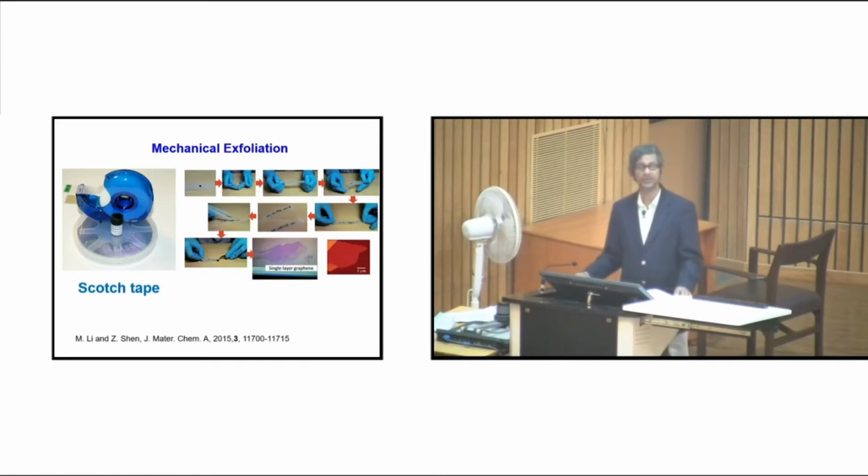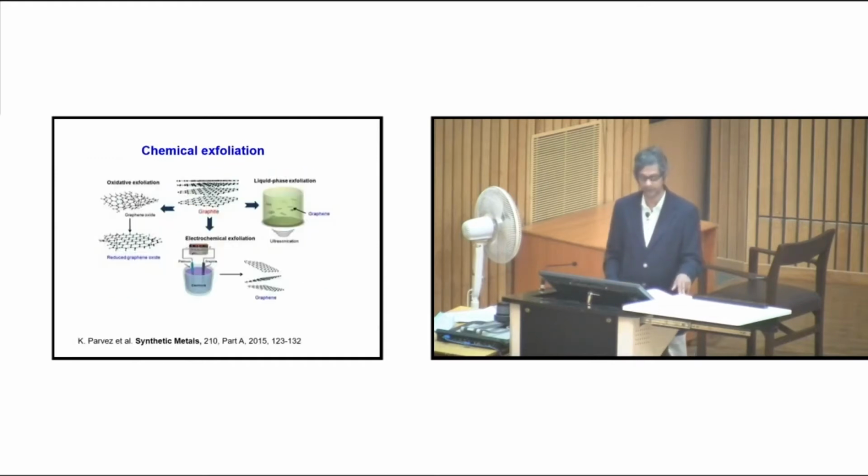This is how graphene was discovered. You can see these thin layers under an optical microscope, and the layers which are very thin have almost 99% transmission of light. That is how Geim and Novoselov discovered graphene and were awarded the Nobel Prize for this.